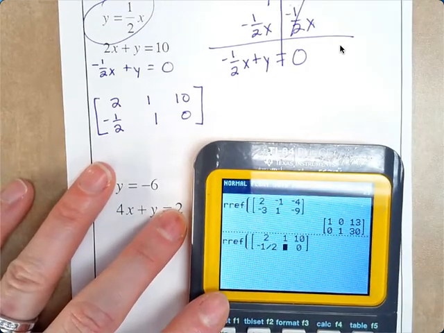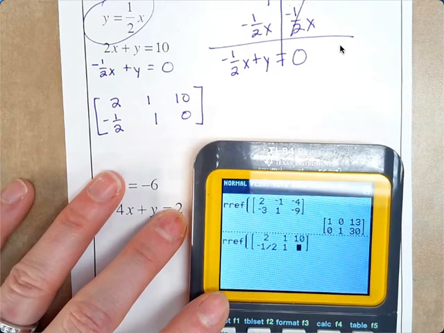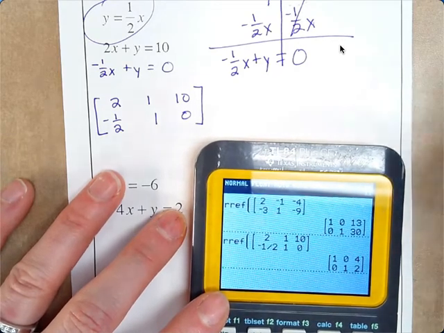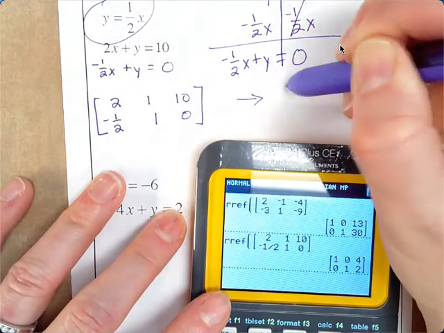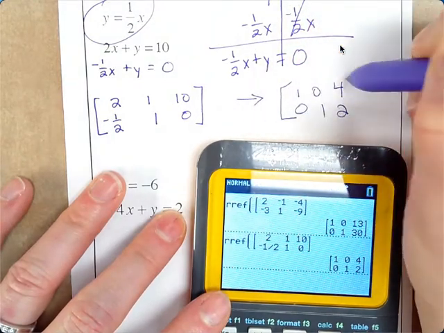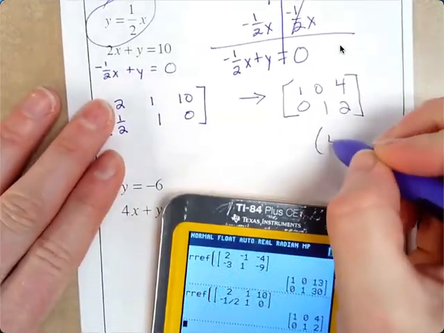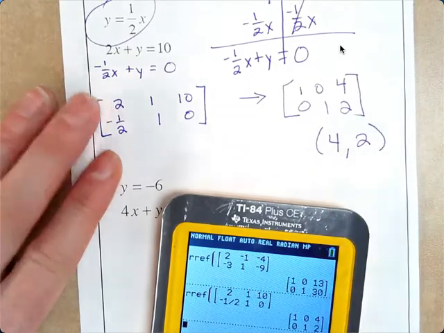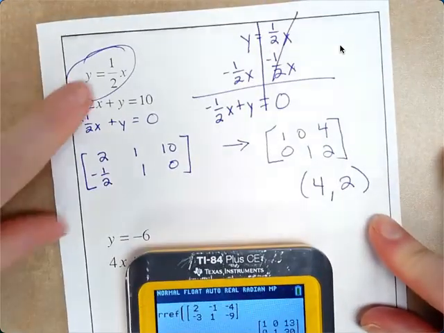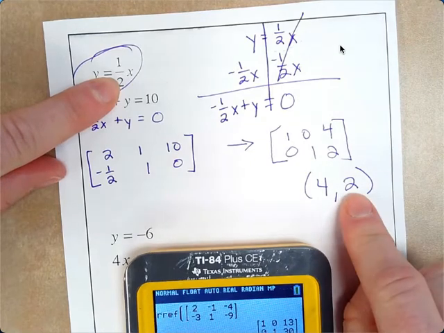You could put a fraction in there. I just put -1/2 or divided by 2. And then 0. There we go. So that means x is 4, y is 2. And just to check, it says y equals half of x. 2 is half of 4.